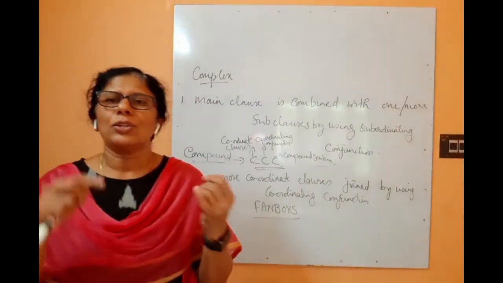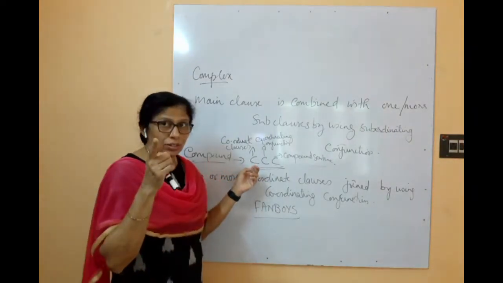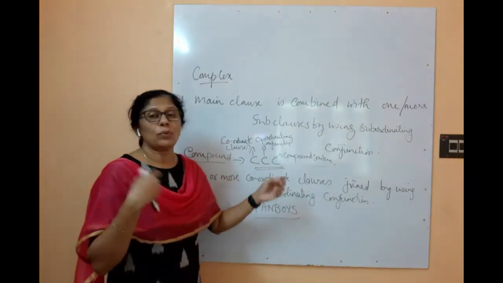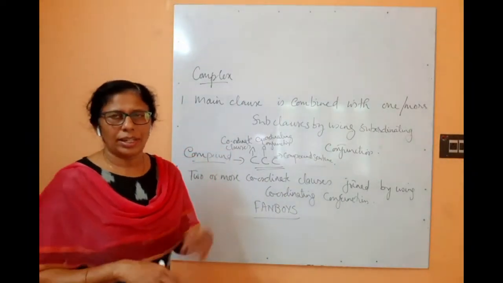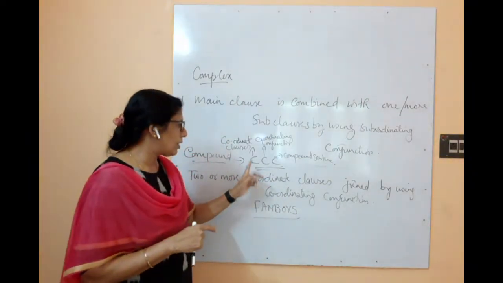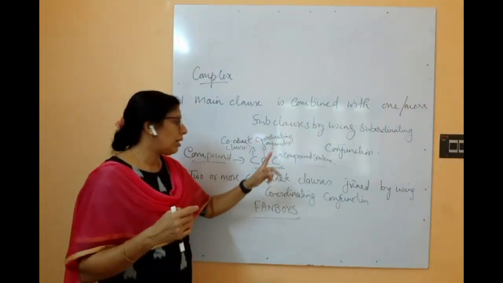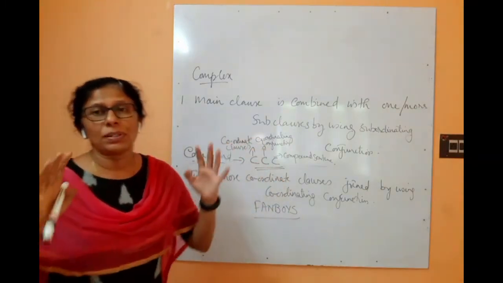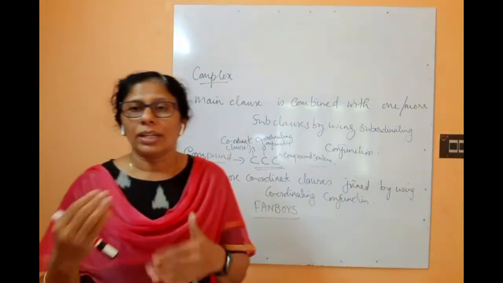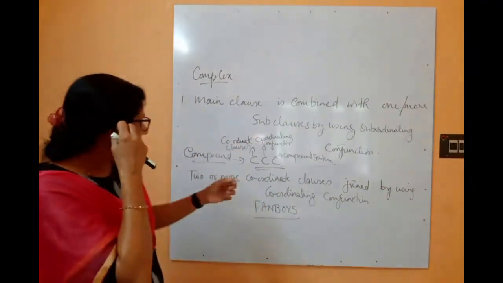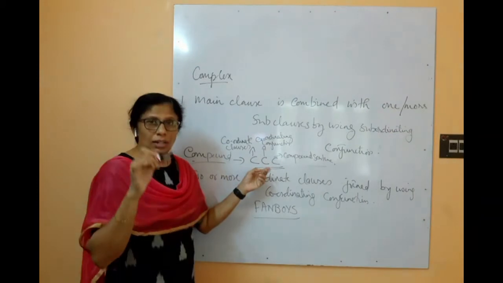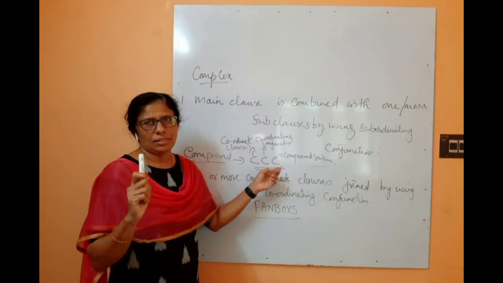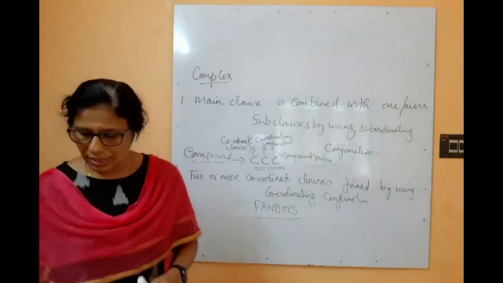Which are the 3Cs? First C stands for coordinate clauses, combined by using the second C, coordinating conjunction, and the third C makes a compound sentence. Two or more coordinate clauses combined with the help of a coordinating conjunction form a compound sentence. Keep this by heart: triple C for compound sentence.